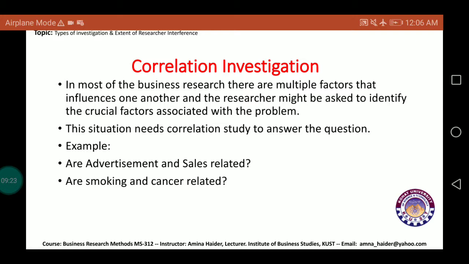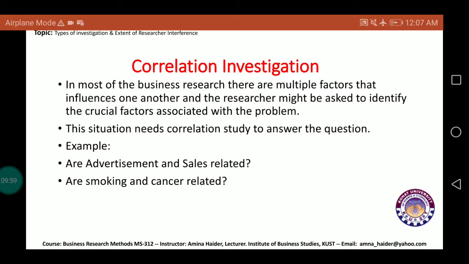And the next is, are smoking and cancer related? So we are trying to find a relationship between smoking and cancer, or in other words, are drinking and chewing tobacco associated with cancer? Are smoking, drinking and chewing tobacco associated with cancer? If yes, which among the three variables is considered to have a stronger association with it?